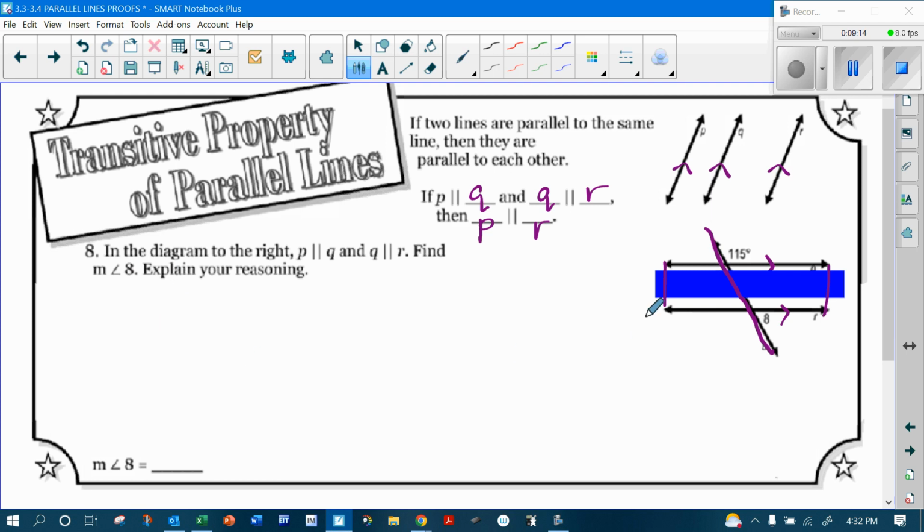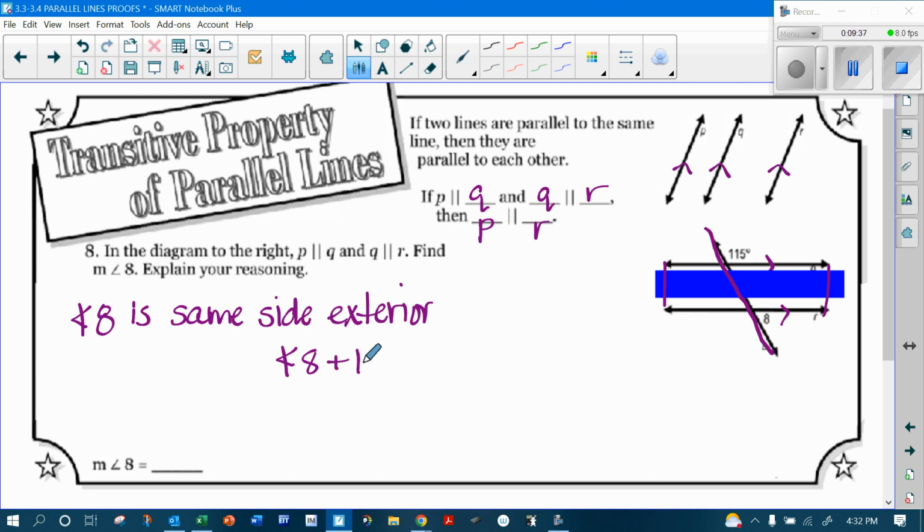Okay, so I could say that angle 8 is same side exterior. So therefore they're supplementary. So angle 8 plus 115 equals 180.